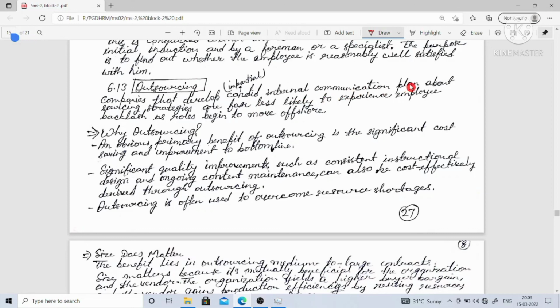then fewer employees will be angry about this process. So why outsourcing? An obvious primary benefit of outsourcing is the significant cost saving and improvement to the bottom line.